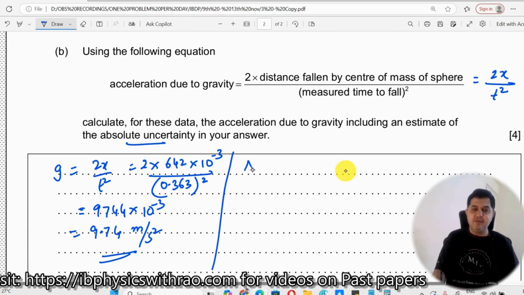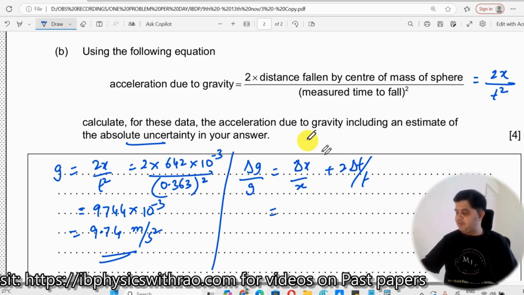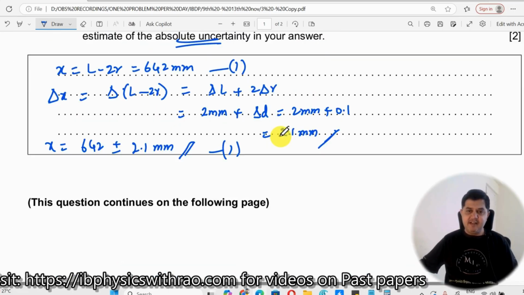I should do delta g by g is equal to delta x by x plus 2 times delta t by t. See, this 2 should not be counted as an uncertainty because it's a constant. So therefore, what's the value of delta x by x? Let me go back. Did we find delta x? Delta x we got 2.1.